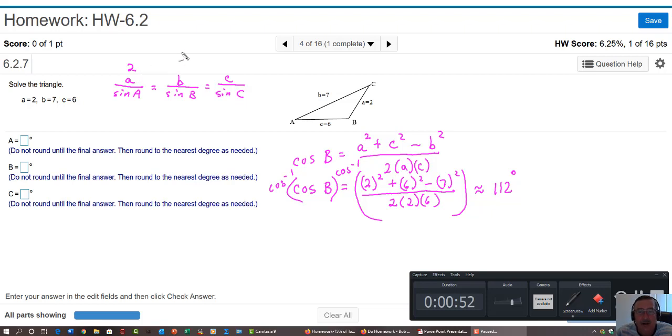So we know the sides here, 2, 7, 6, and angle B is 112 degrees. And notice we have what's called an obtuse oblique triangle here because we have one obtuse angle greater than 90.